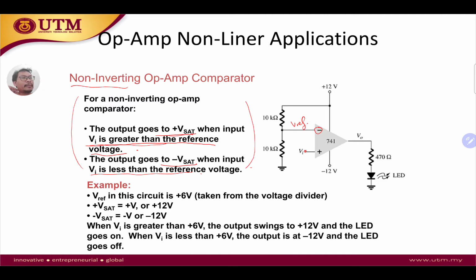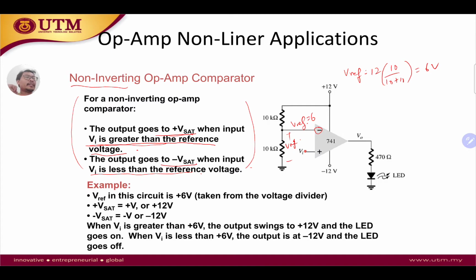Okay, so let's look at the example here. What is Vref? Vref here is just going to be 12 times 10 over 10 plus 10, which equals 6 volt. Basically Vref is the voltage at the input terminal with the ground reference, from the input terminal to the ground, and we have 6 volts.